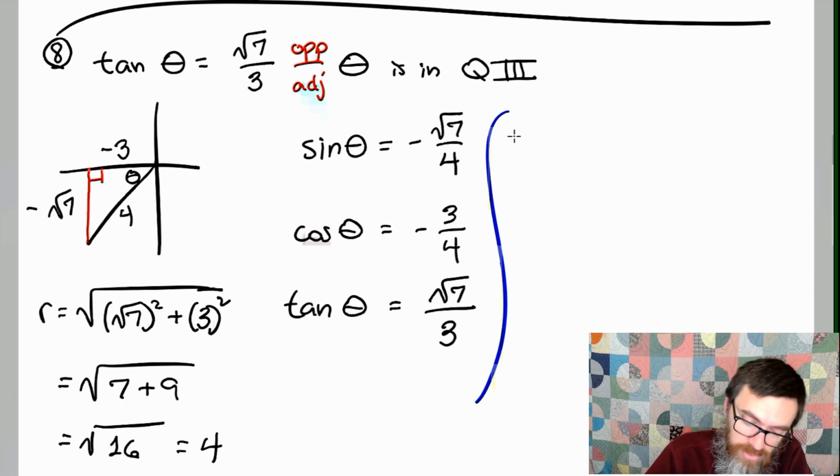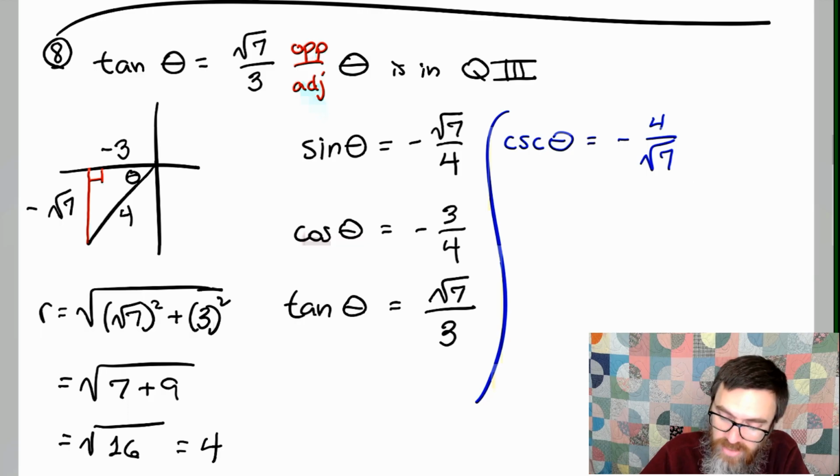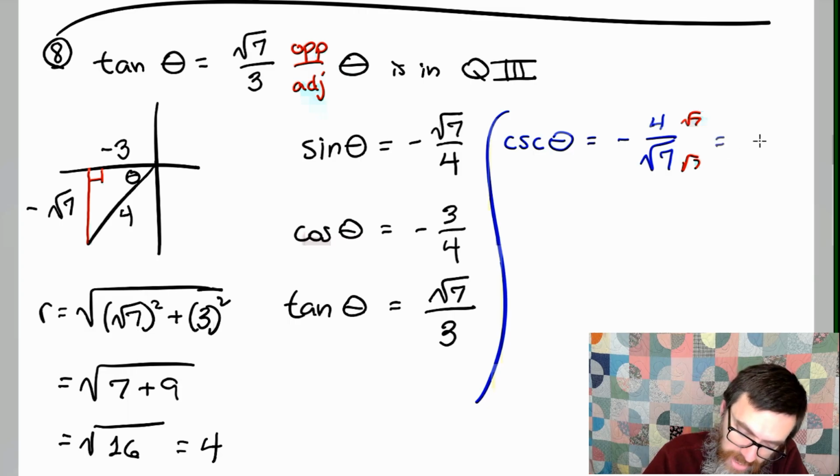Now let's do the reciprocals. Cosecant is going to be the reciprocal of this guy, so that's negative 4 over the square root of 7. And if I do square root of 7, square root of 7, we have negative 4 square roots of 7 over 7.